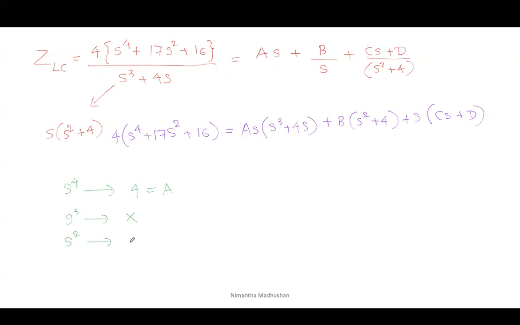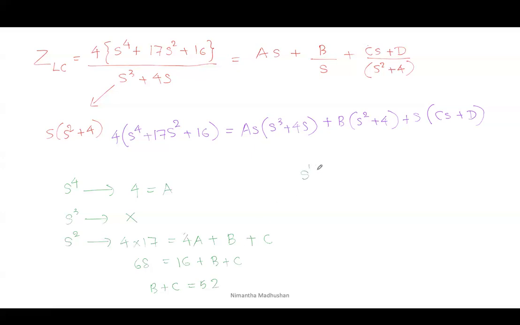From the left hand side, 4 into 17. And from the right hand side, 4A from this one, B from this, plus C from this one. 17 into 4 is 68, and A is equal to 4, then 16 plus B plus C. B plus C is equal to 52.